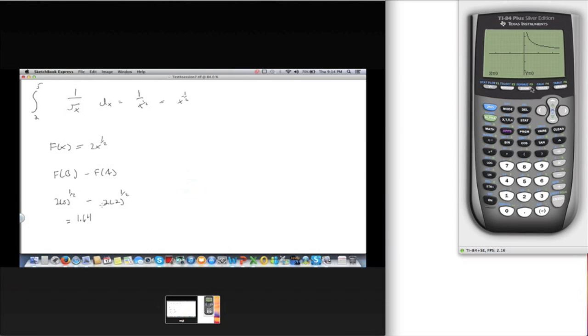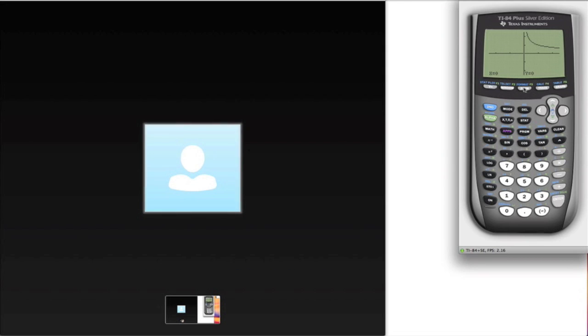Let's see. And my notation was a little poor, but I guess I'm not comfortable with it yet. Just threw it out for now.